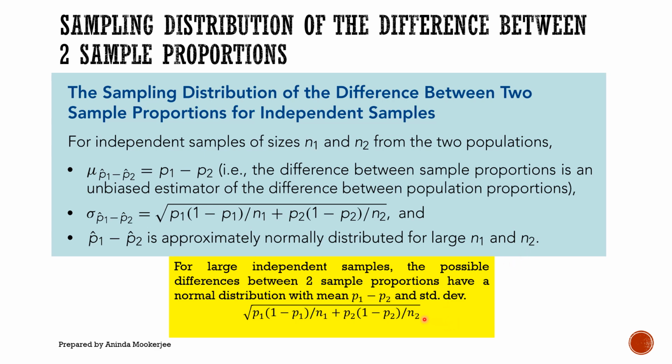All right. So given that we have this sampling distribution, you can expect to see this formula in the inferential studies we perform.